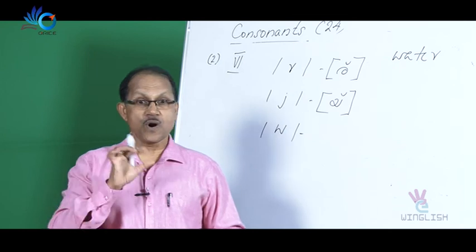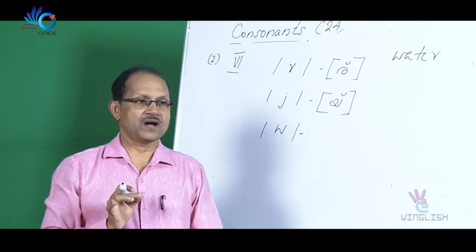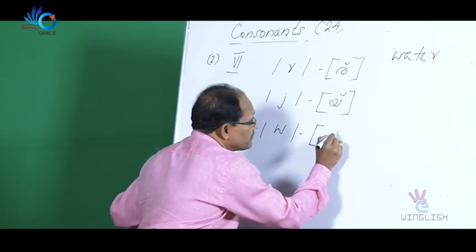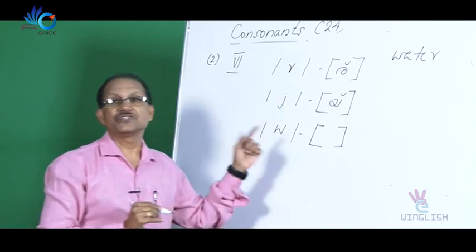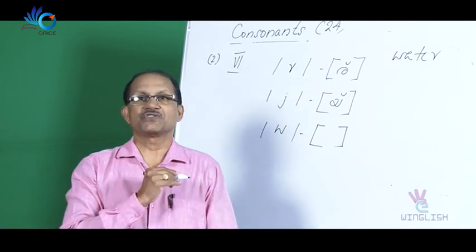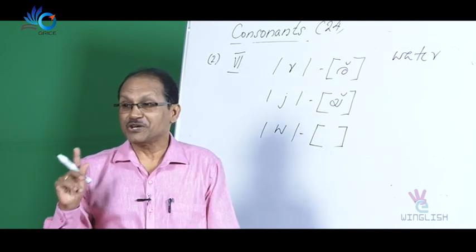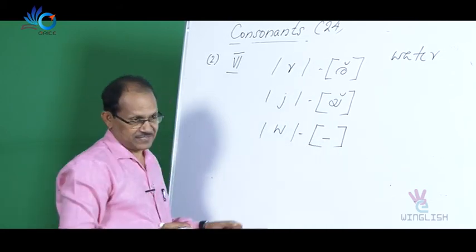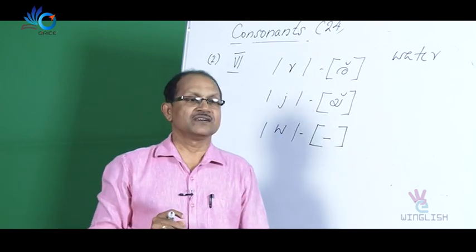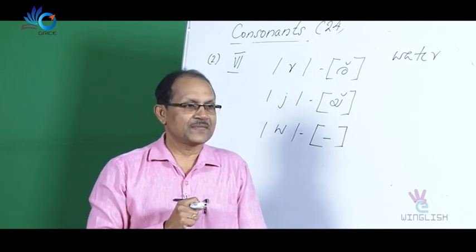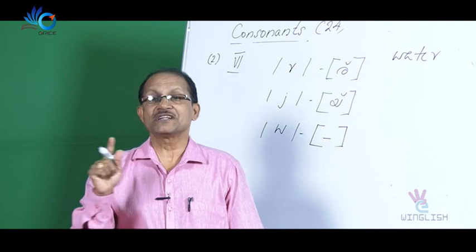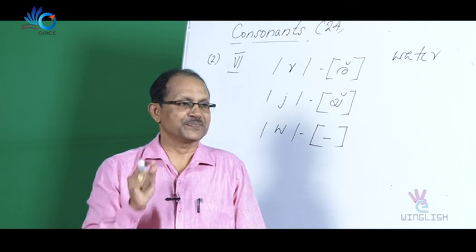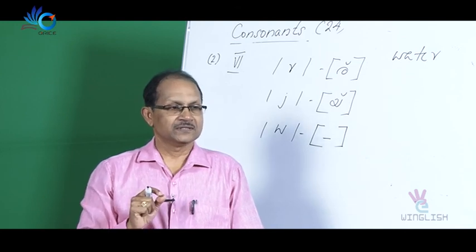Water, w, we round our lips, w. And do we have a corresponding sound in Malayalam? No. It can't be represented. Water, which, where, why, when, w. But it is important that you should acquire the correct articulation, w. Okay?